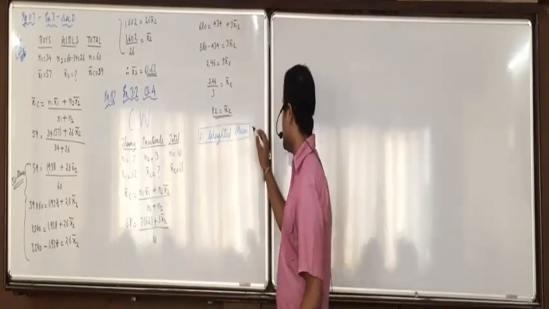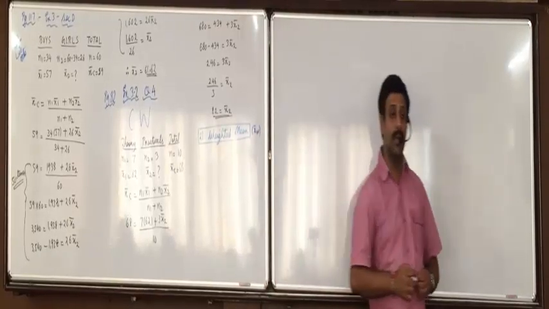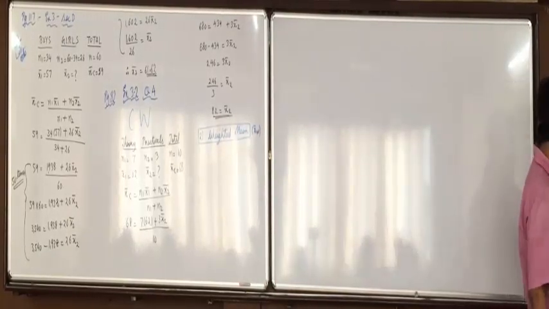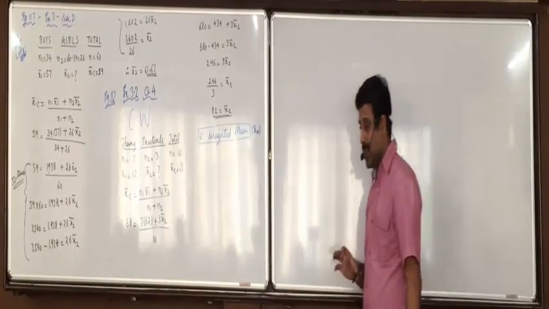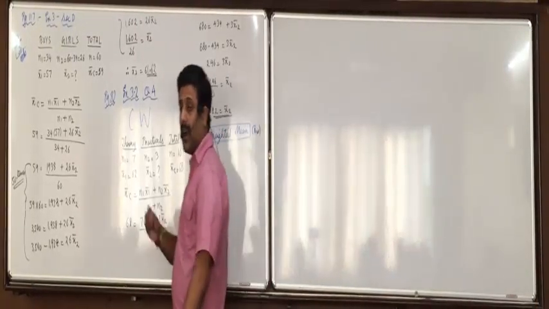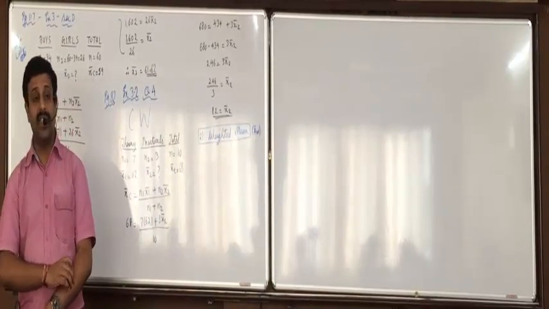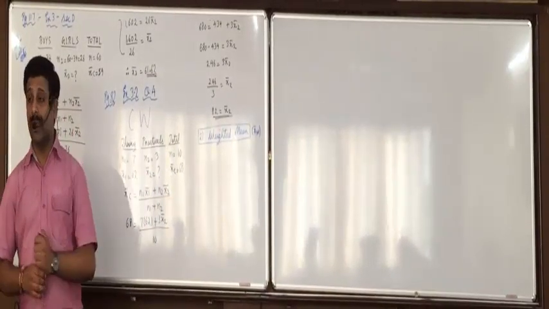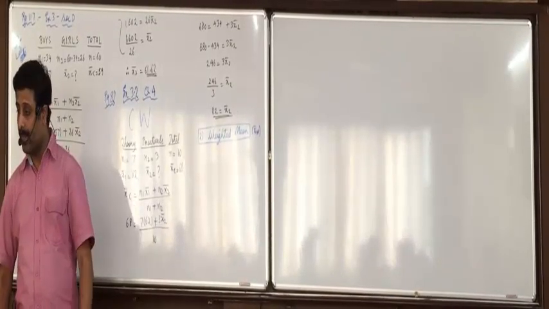It is denoted as X bar W. See, whenever importance is attached with observations, then instead of arithmetic mean, we find weighted mean. In arithmetic mean we assume that all the observations are equally important.